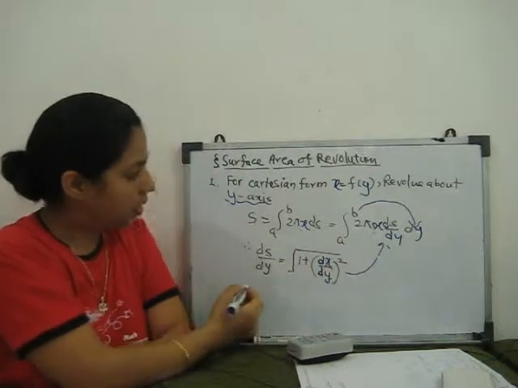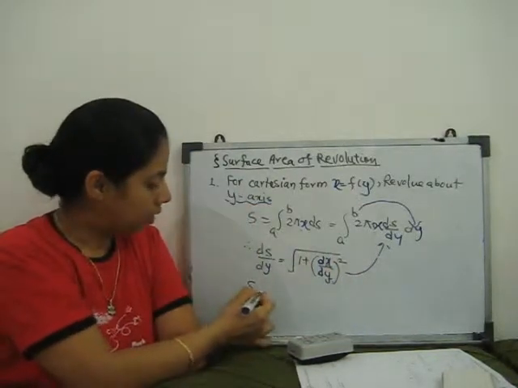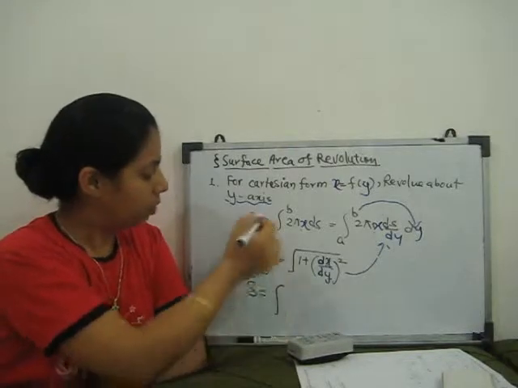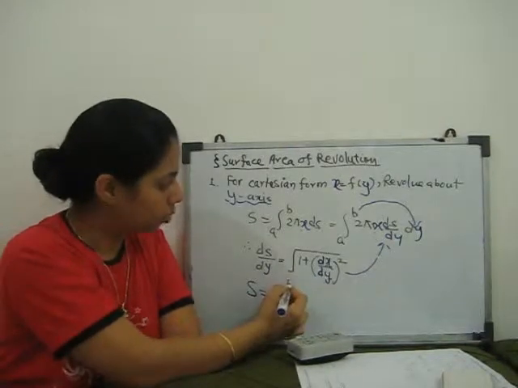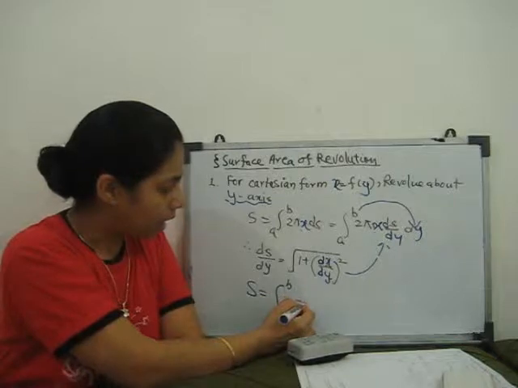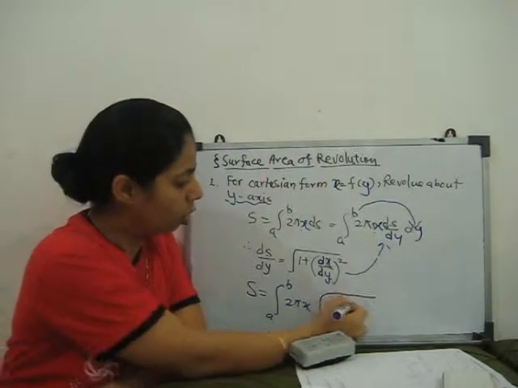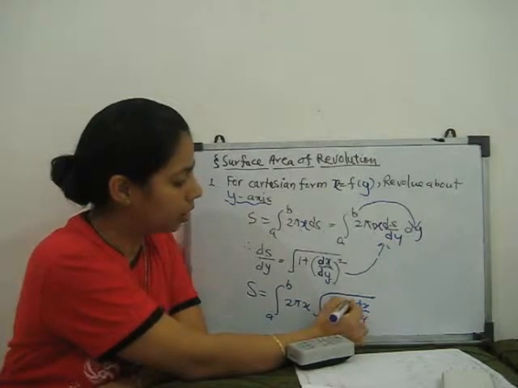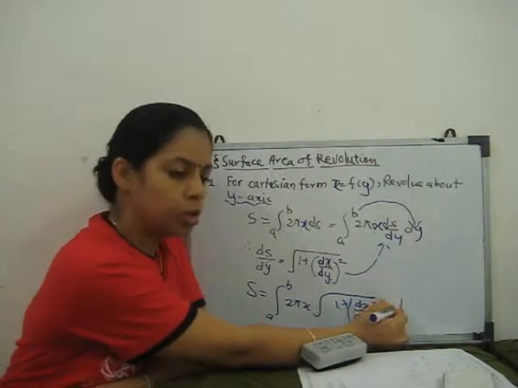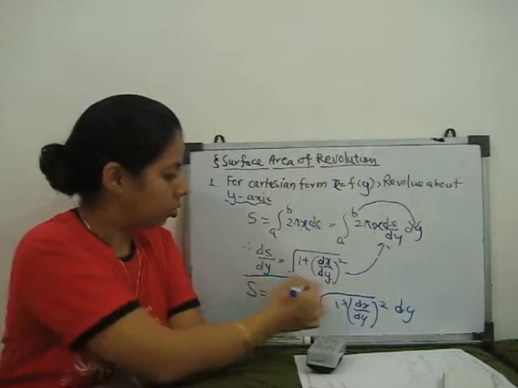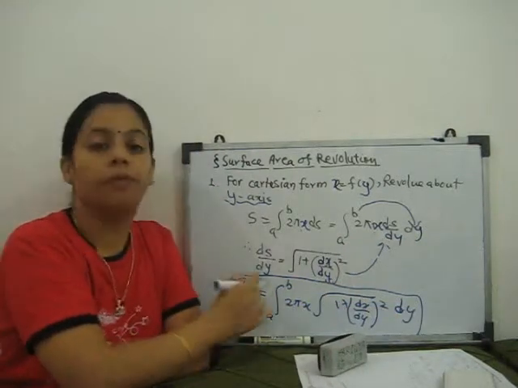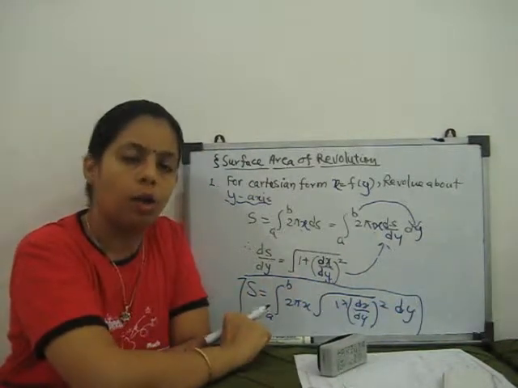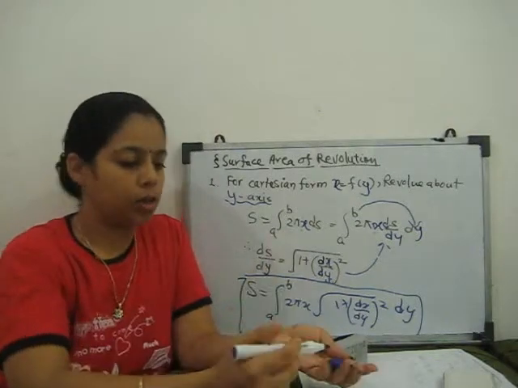So our surface area for y-axis revolution, with limits from a to b, is the integral of 2 pi x square root of 1 plus (dx/dy) whole squared dy. This is the surface area of revolution about the y-axis for Cartesian coordinates.